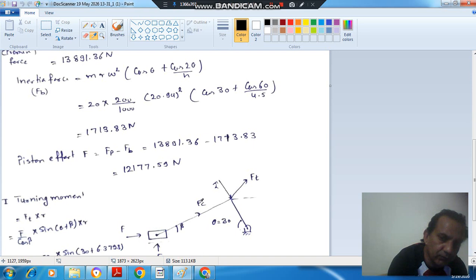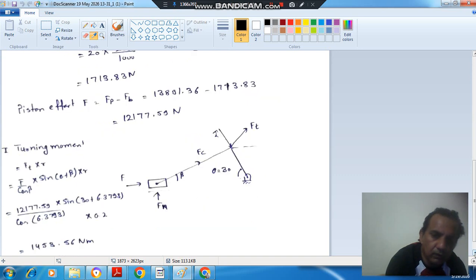Now this is the diagram showing the various forces. F is force along connecting rod, Ft is the force perpendicular to crank, or we can say crank effort, and Fr is force on bearing, and Fn is force on cylinder wall. Now we have F. The first part we have to calculate is turning moment. The turning moment is Ft into R. Now the formula for Ft: this angle is 90 minus theta plus beta.